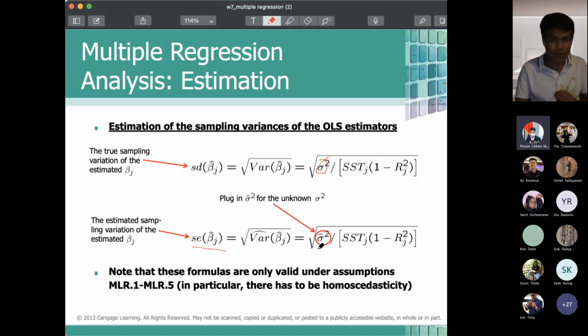It is very important, because the denominator can be reduced with sample size, but this variance of the error term cannot be addressed with sample size. Again, these formulas are only valid under the assumptions LR1 to LR5 being met, specifically homoscedasticity.